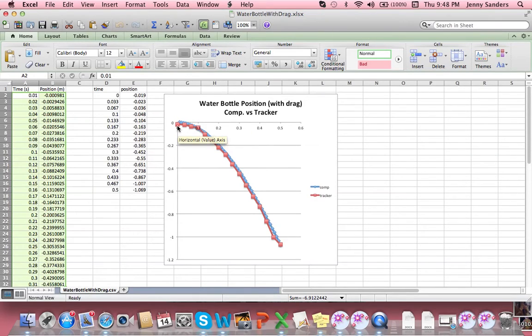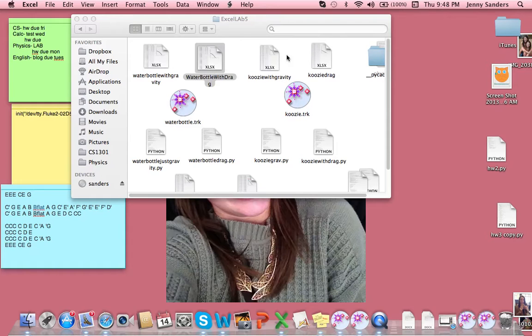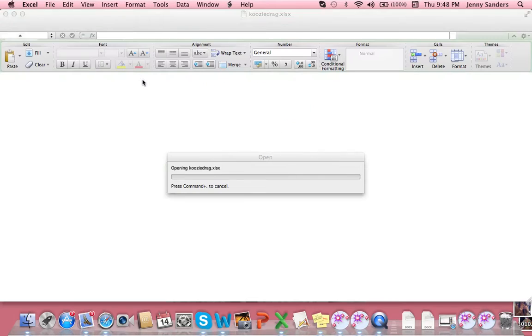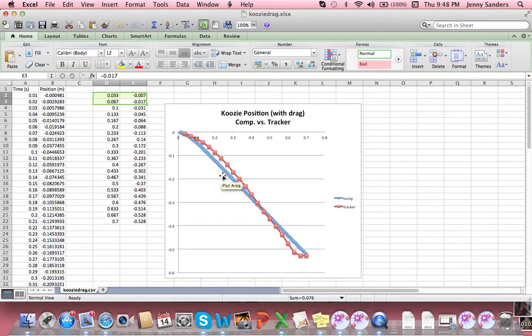The red one's the Tracker information, the blue one is the computational model. As you can see, they're pretty much identical. And then with the slower moving koozie, you can see it's closer than it was before. Red one's the Tracker, blue's the computational model. And that's how it's affected with drag as well, not only just gravity.